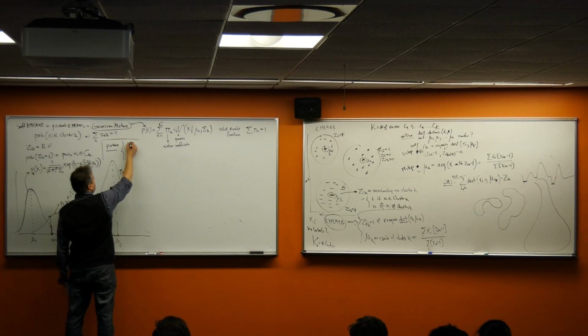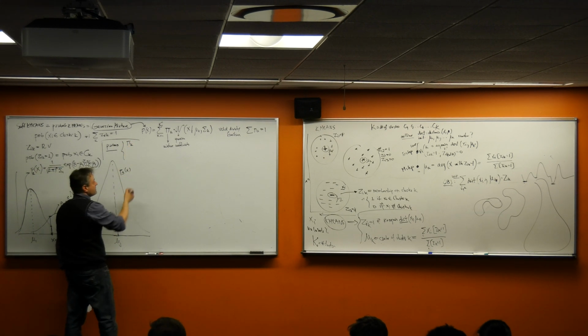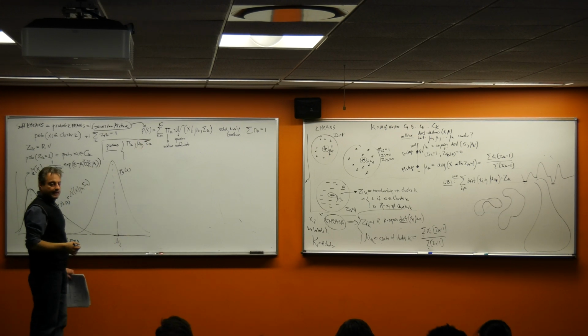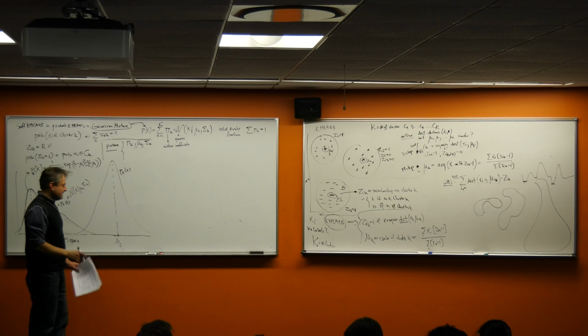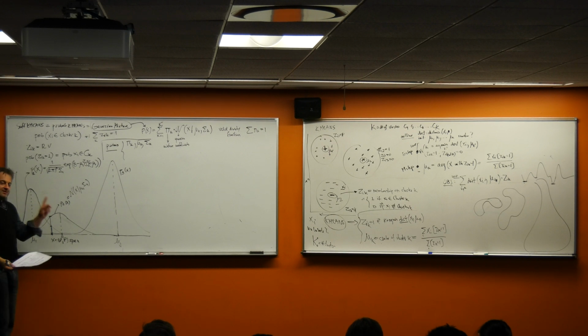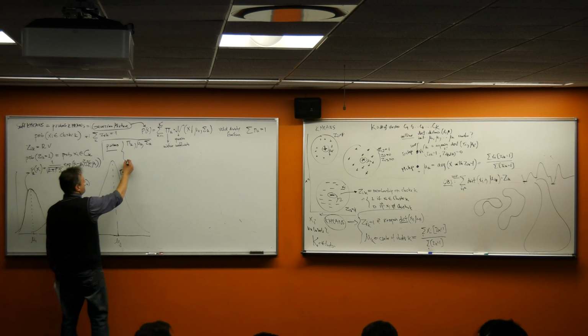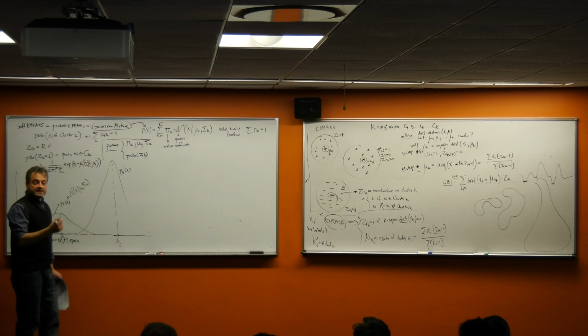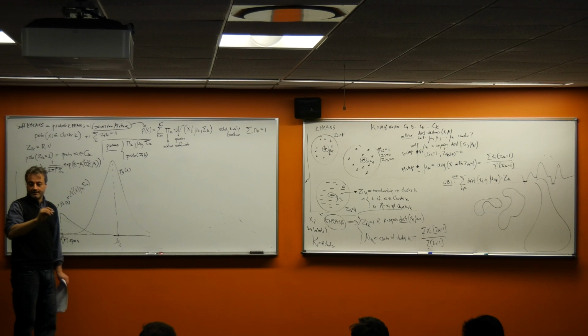I have the pi k, the mixture coefficients, the mu k's, and the sigma k's, right? And then I have zik, the memberships, right? Remember? I still have a zik, it's just not a 0-1 thing. Zik is a random variable, so I need to have probability of zik. Now that is going to be a distribution for every point, because for every point I'm going to have a bunch of probabilities on each cluster, and they're going to sum to 1.